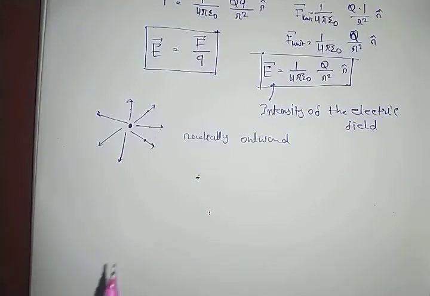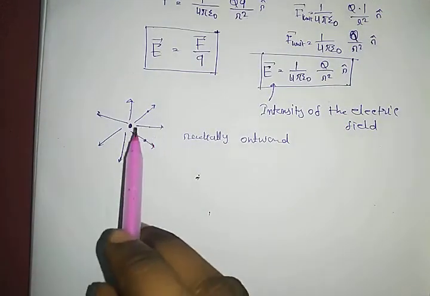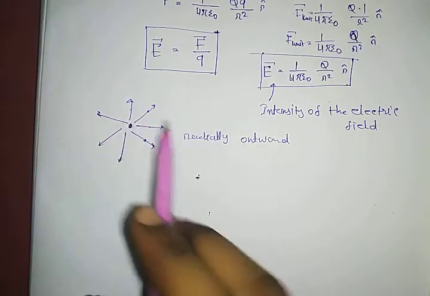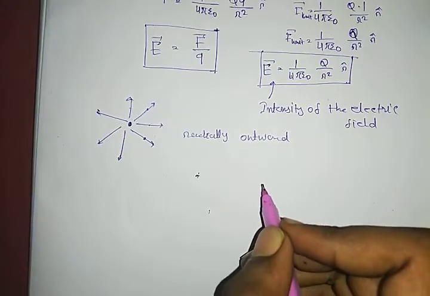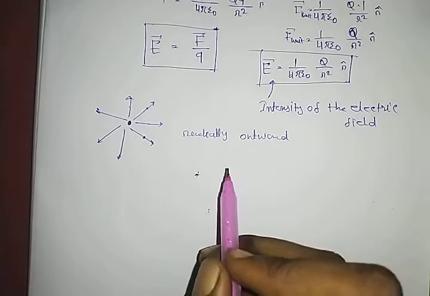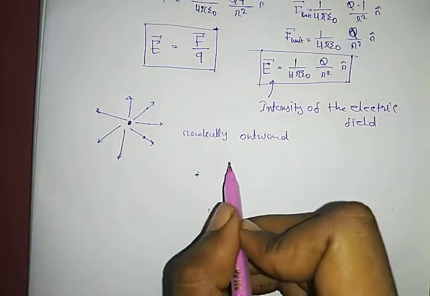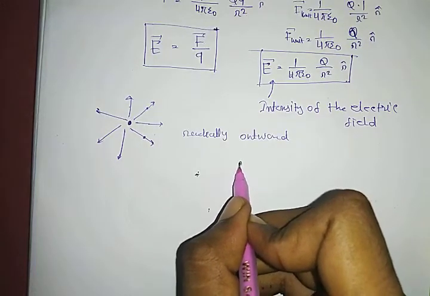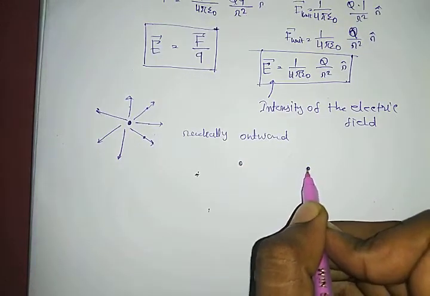Now, we will not be fortunate enough to get such simple cases everywhere. There will be multiple charges. So, to show you how those things are worked out, I am going to consider two charges. Here is one and here is another.